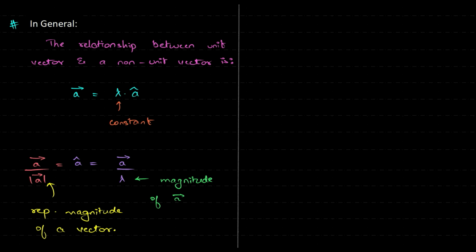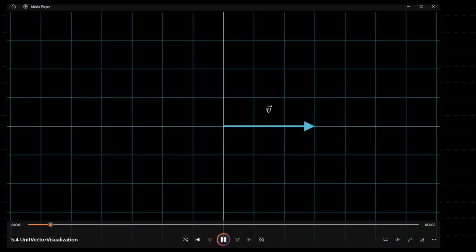Okay, so let me summarize this with this animation. So I have a vector, say this is of length 3 units. So the unit vector would point in the same direction, but the length will be 1. And the representation, you can see it's a cap. And the formula would be the given vector divided by the magnitude of it.